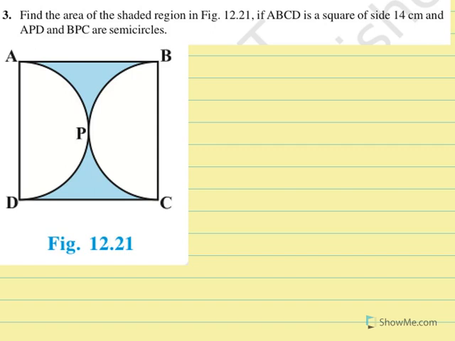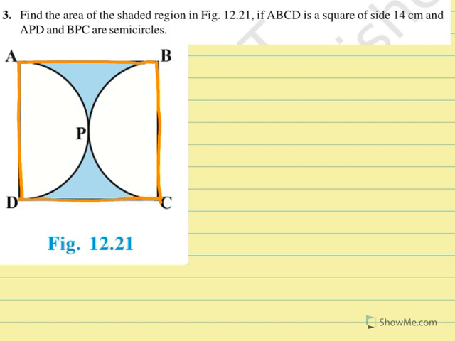Find the area of the shaded region in the figure if ABCD is a square of side 14 and APD and BPC are semicircles. So this blue region we need to find, and for which first we will find the area of the entire square.